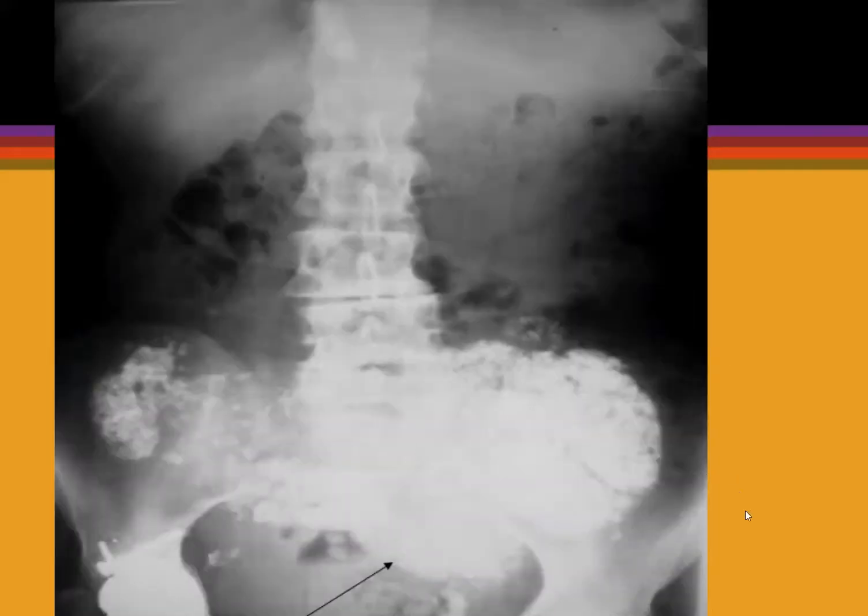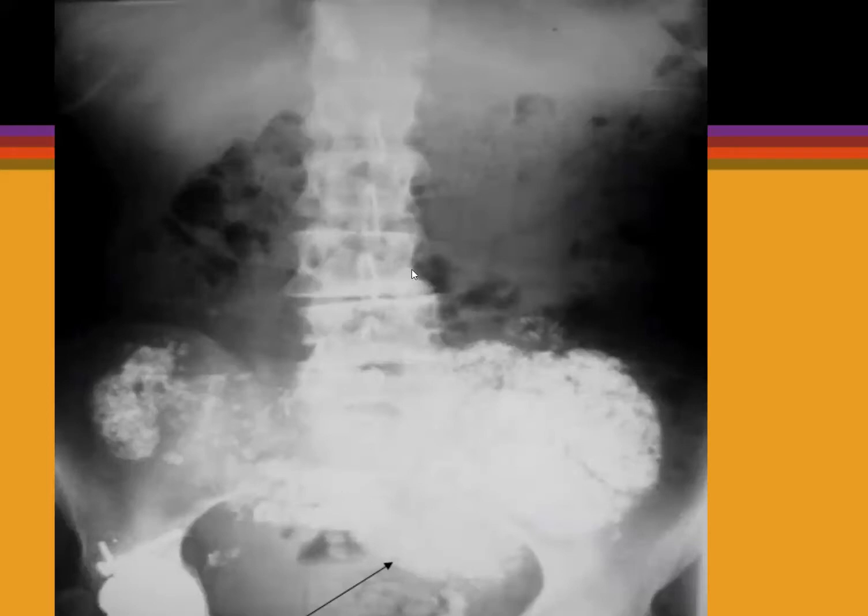This is a very nice example of this sort of irregular punctate type calcification in a female patient. You know, it's fairly well defined, it's extensive. These are multiple calcified fibroids within the uterus. You can see them arising from the pelvis.